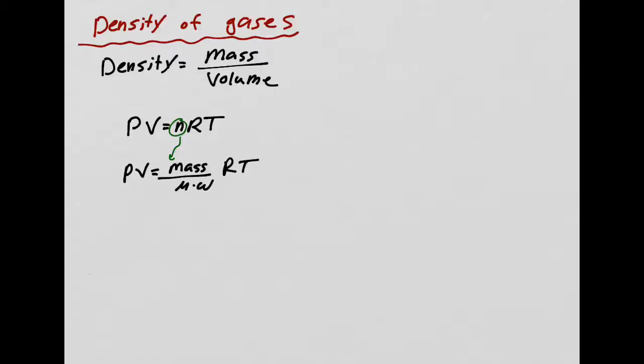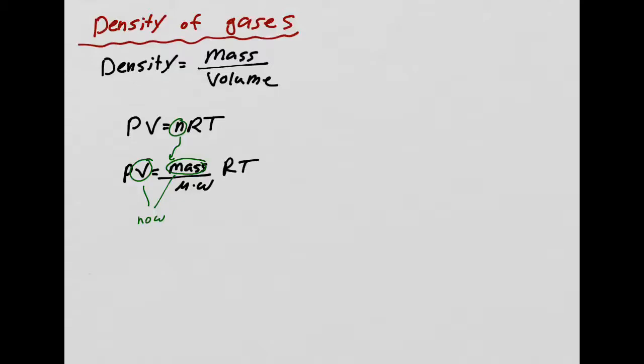Now, if you look at this, you're probably going to see where I'm going with this. What we have now, we have volume in this equation and we have mass. So now we have volume and we have mass. And density is mass over volume.